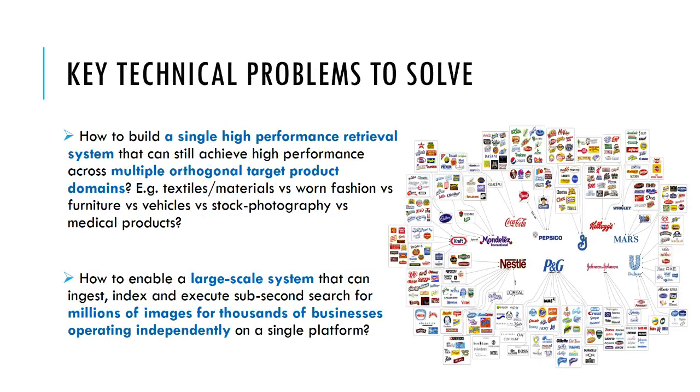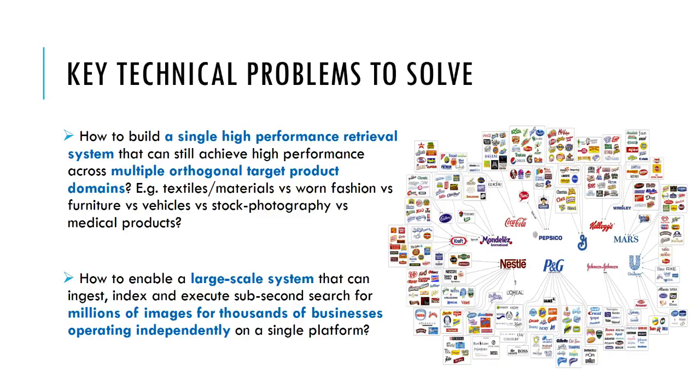When we're considering the application that I described, you have a lot of different scenarios. But how do you build a single high-performance retrieval system that is still able to achieve high performance even across multiple orthogonal target product domains? Orthogonal, I mean very different target domains.